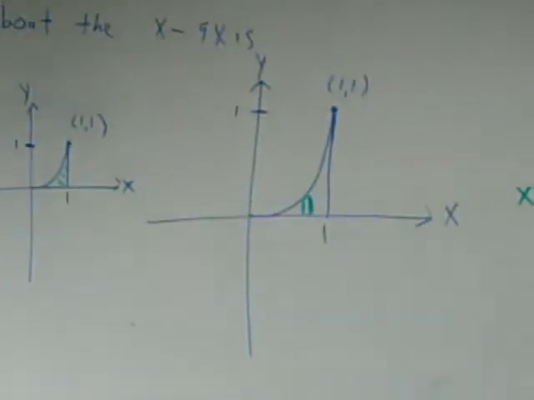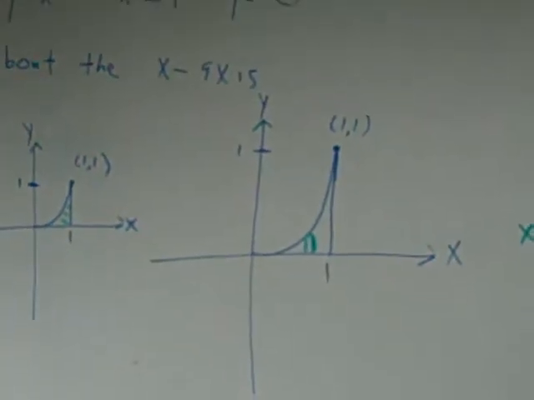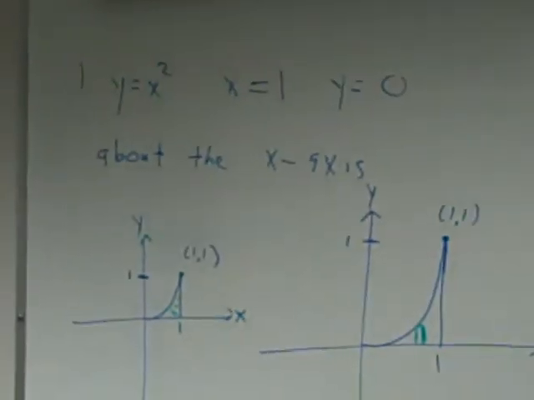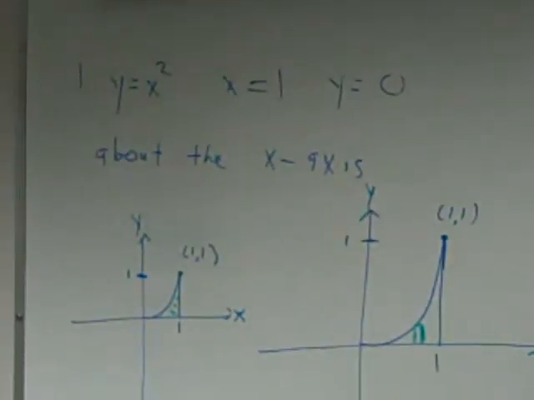I redrew this. Now here's number one, and these problems come from James Stewart's Calculus, chapter 6, section 2. Now this uses the disk and washer method. Suppose that we take the region bounded by y equals x squared, the vertical line x equals 1, and y equals 0, which is our x-axis.